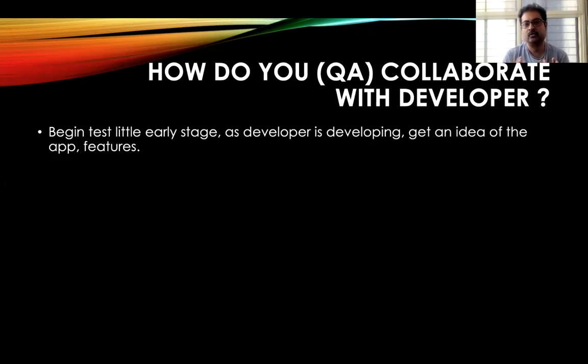So we can give feedback early on. Similarly, for Selenium automation, for IDs and other things, I can have that in the code so that we can easily access the elements on the UI. So once we start interacting at the early stage, the developer can take our feedback and incorporate those things in the code.